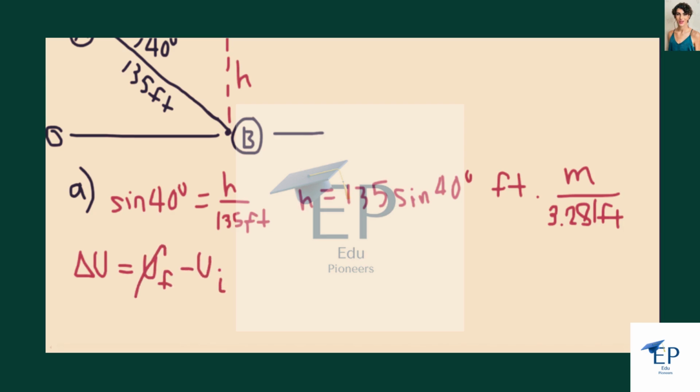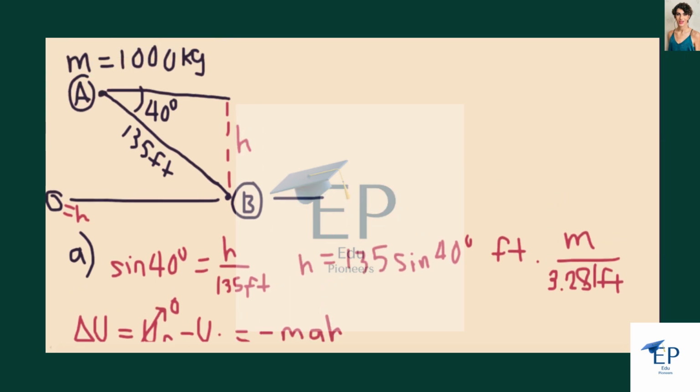But we're setting potential energy final to be 0 because h equals 0 there. So that's going to be negative mgh, where g is 9.81 meters per second squared.